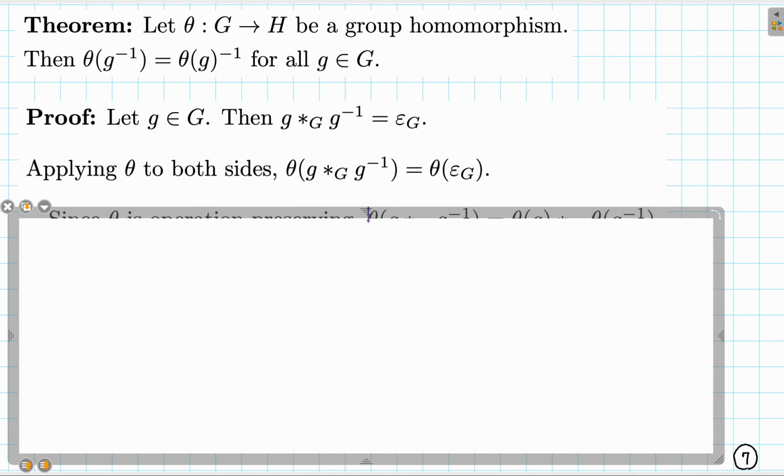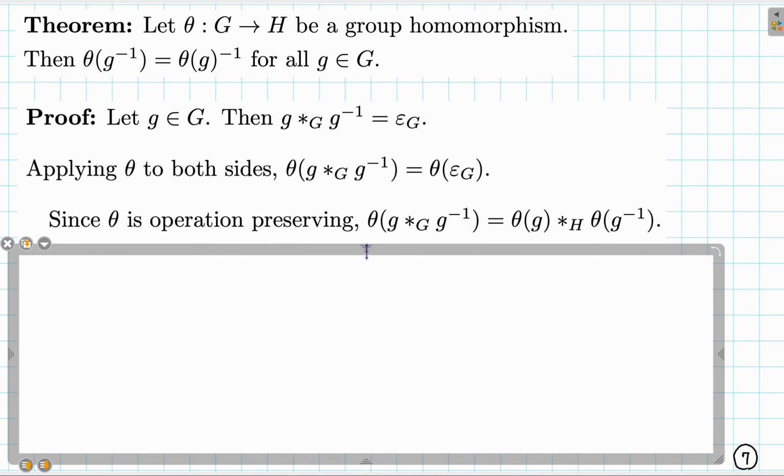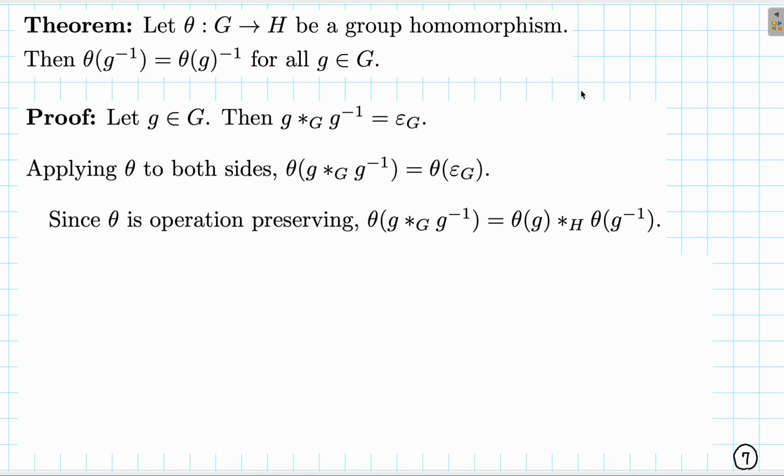So on the left, because theta is operation preserving, theta of g times g inverse is equal to theta of g times theta of g inverse, where the operations are labeled appropriately based on where they're taking place.